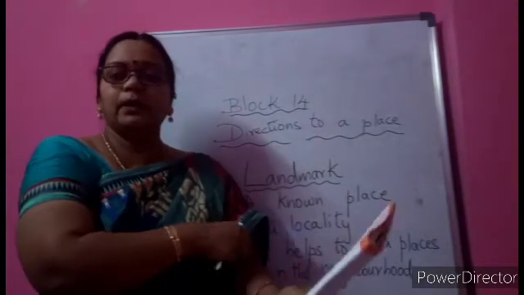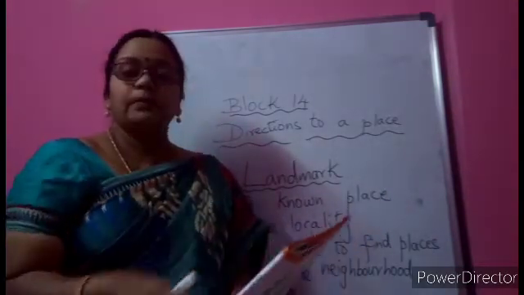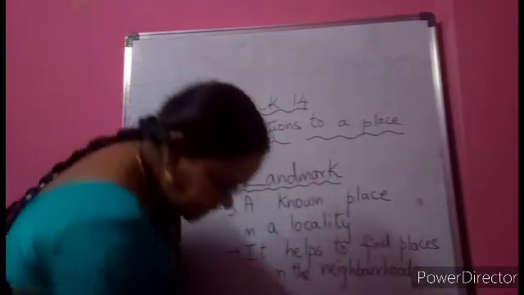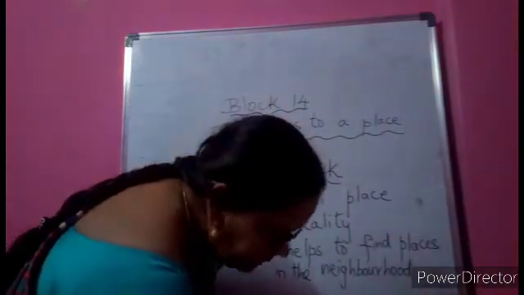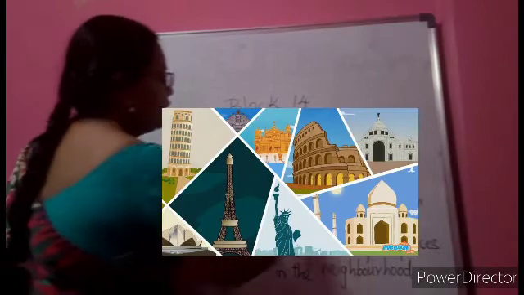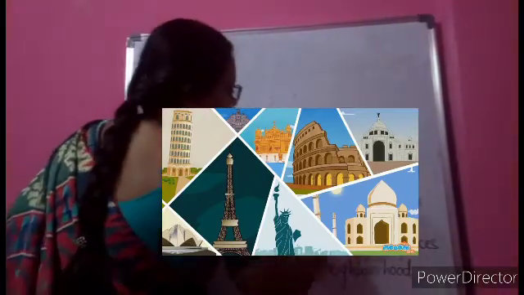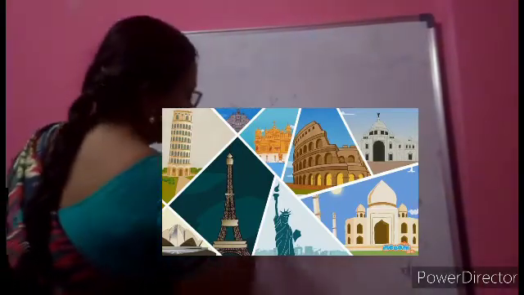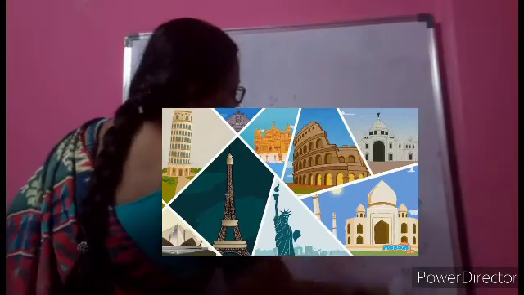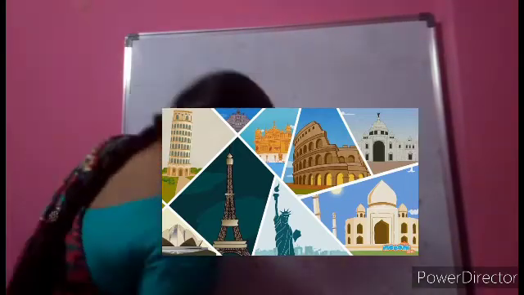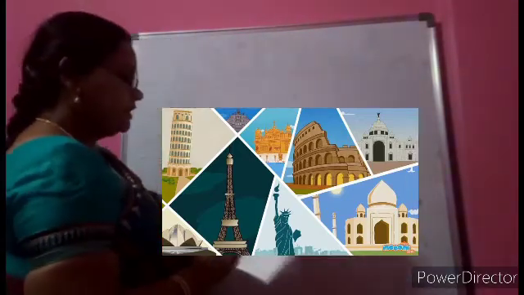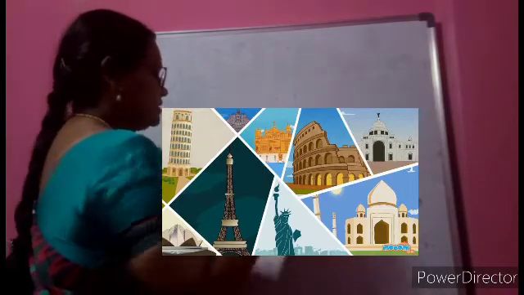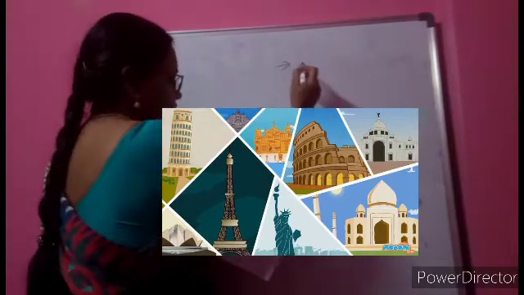What are the landmarks there, children? First, shall we try to name the landmarks in that place? If you have a rough paper or your notebook, you can try to name the landmarks in that place. What are the landmarks you can find there, children? One by one you can answer me. First we'll write that, then we'll go for the answers.